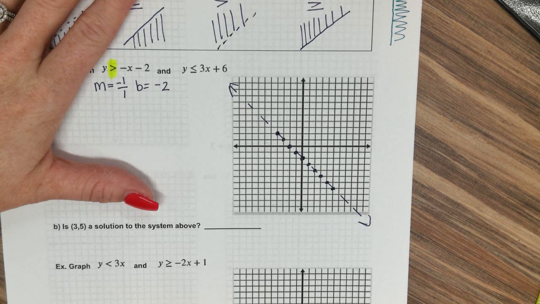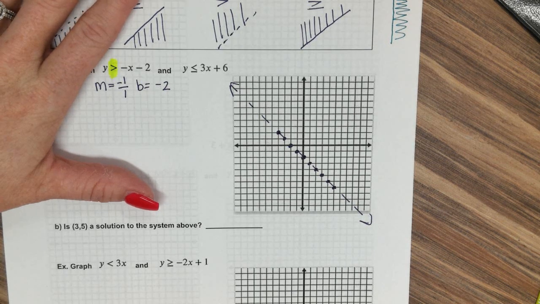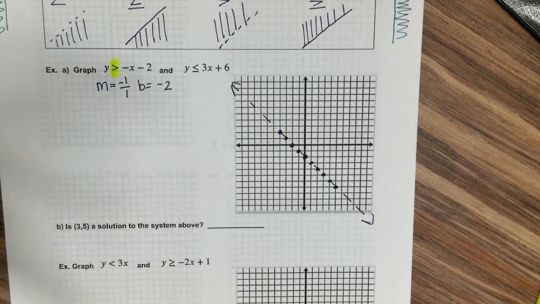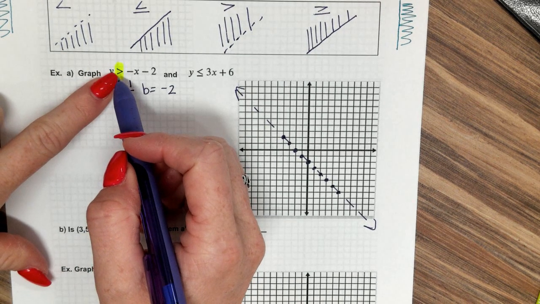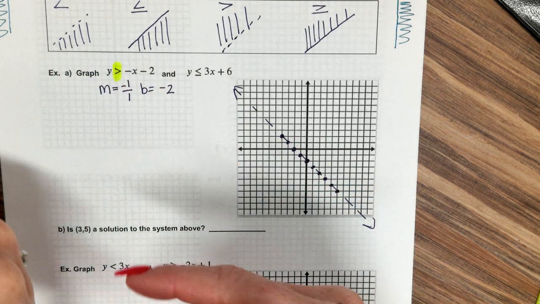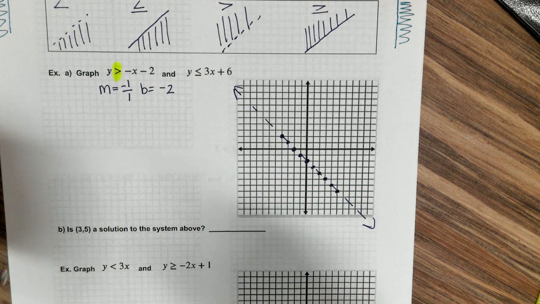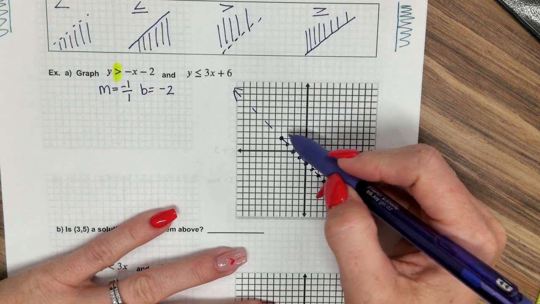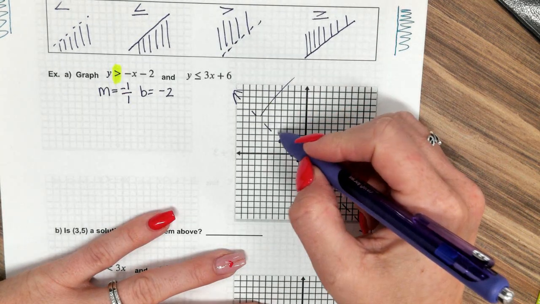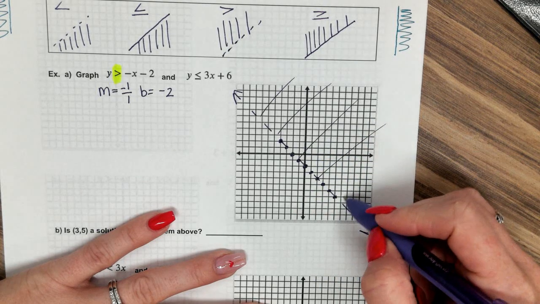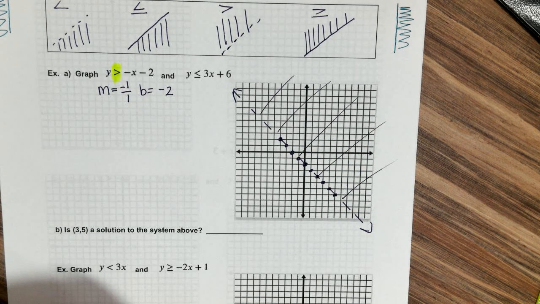Now I'm going to shade, but again, I'm not going to shade super dark. I just want to show which way it's going to go. What kind of sign is this? Greater than. So am I going to go down to the ground or up to the sun? So which way can I get up? This way, right? So here's what you're going to do. I'm just going to show that it's going to be shaded like this. Make sense?